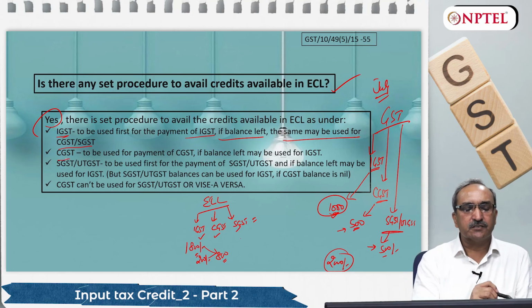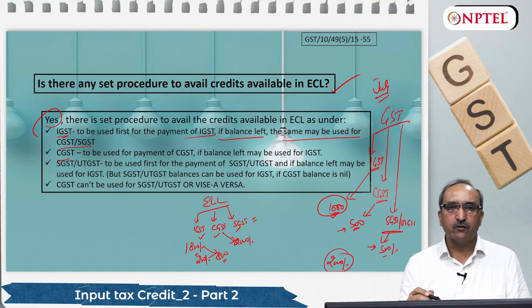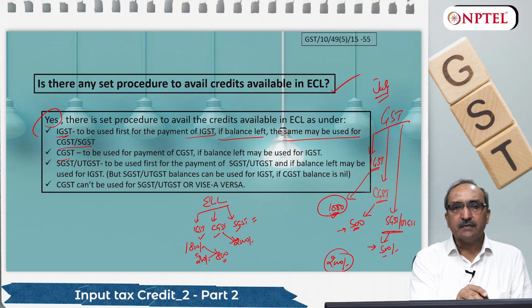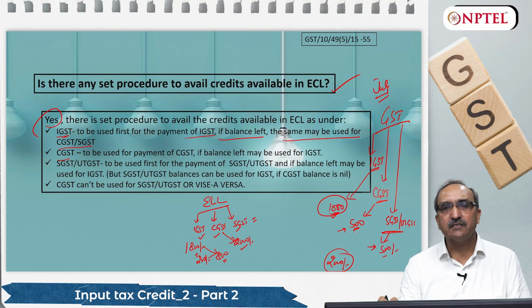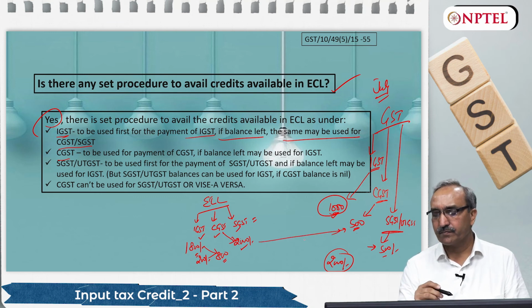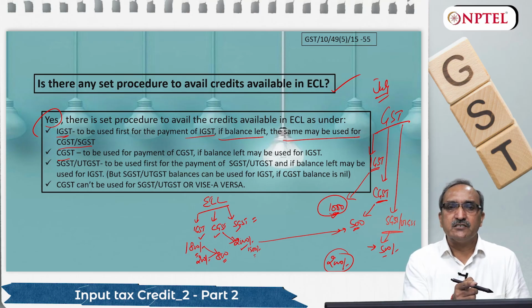Further, CGST. If you have a CGST balance with you in your electronic credit ledger, suppose we have 2000 rupees CGST in my electronic credit ledger. So if you have CGST, first use this CGST balance to make the payment of CGST tax. So straightaway pay 500 rupees out of this 2000 rupees and the remaining 1500 rupees you have over here. This 1500 rupees can be used, if required, for the payment of IGST.